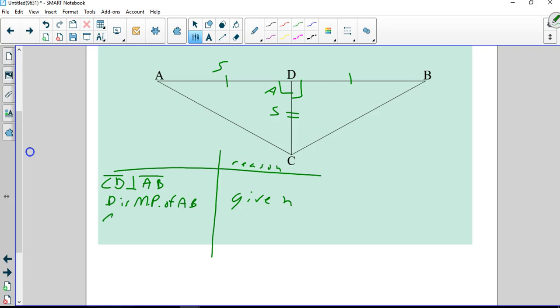Well, we said that AD is congruent to BD, mind your order. And that's the definition of a midpoint. We also said that CD is congruent to itself. And that's a reflexive property.